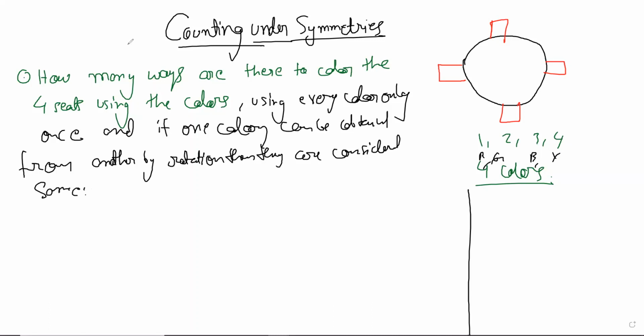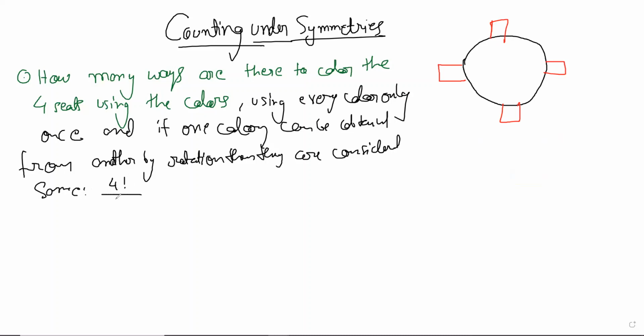Because there are other symmetries which we have not usually studied, I'll say this very clearly. So you're saying that the answer to this should be 4 minus 1 factorial. That's right. That's one way to see it.